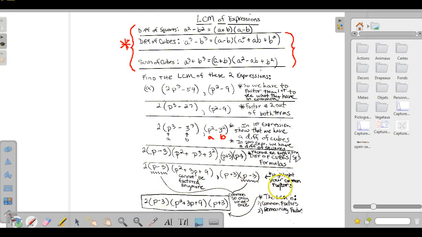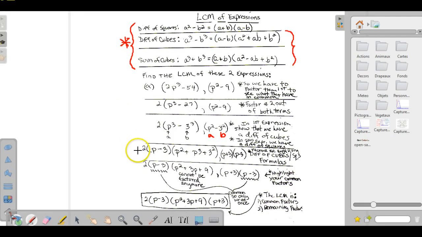So now what we do is find the least common multiple of these two expressions. In other words, what number, and here's the answer down here, can each of these expressions, or let me rephrase that. The least common multiple is the smallest unit that each of these expressions can go into.